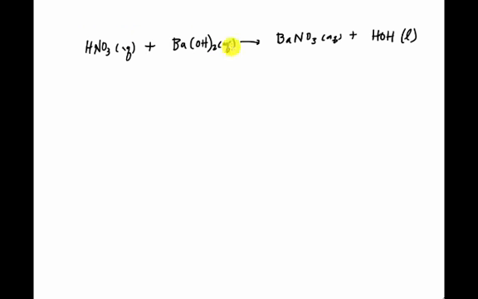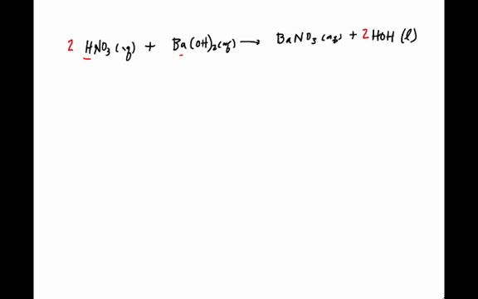So if I have to balance the full reaction, all I did was switch those two ions around, the barium with the nitrate, hydrogen with the hydroxide. If I'm going to balance this, I'm going to balance my hydroxides first because I have two hydroxides. I'm going to put a 2 in front here to balance those two hydroxides, which means I then need two hydrogen ions, so I have to put a 2 in front of here to get two hydrogen ions, which in turn means that I need two nitrates.